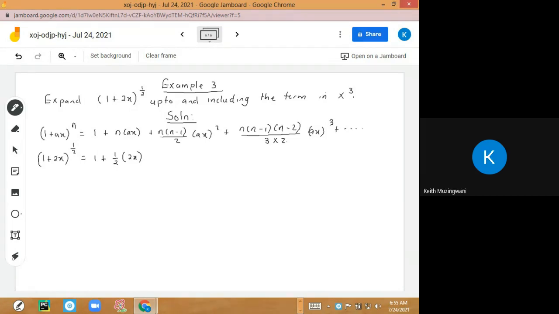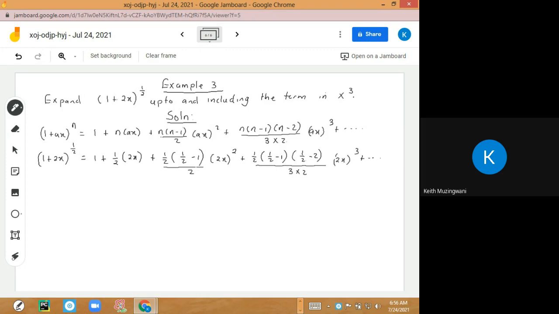Okay, so we have 1 plus half multiplied by 2x, plus half as our n, half minus 1 as our n minus 1, over 2, then 2x power 2, plus half our n, half minus 1, half minus 2 over 3 by 2, 2x power 3.